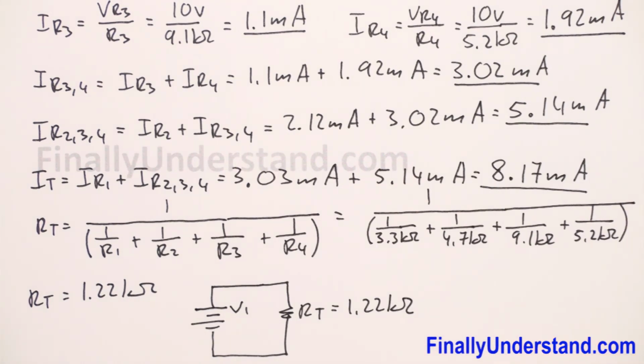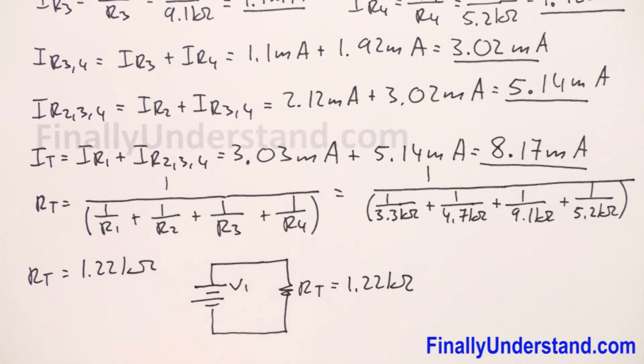Next I'm going to find I total. I total is equal to V1 over R total. V1 is equal to 10 volts over 1.22 kilo ohms.